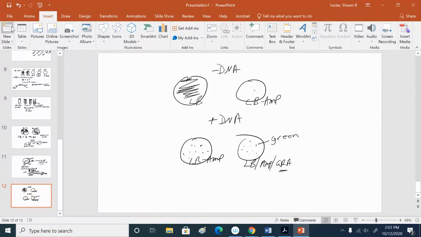On this plate here, we only have the araC protein that the bacteria are making. There's no arabinose in this plate, so no green fluorescent protein. Only one thing is available here, but both things are available in this plate, so GFP gets turned on.